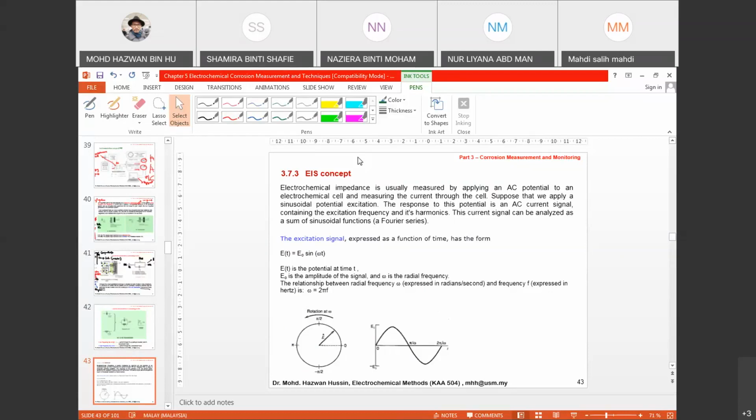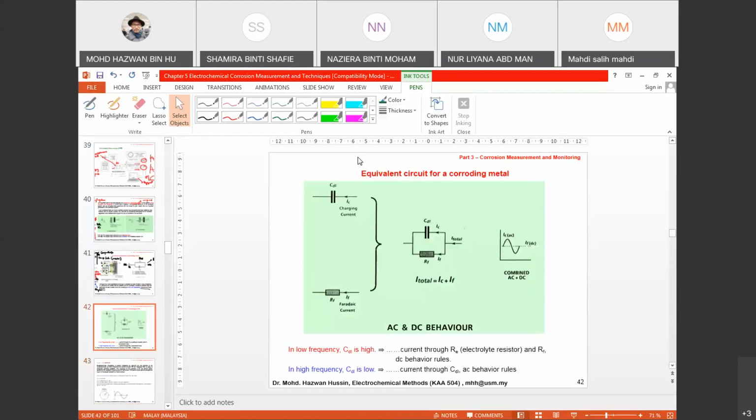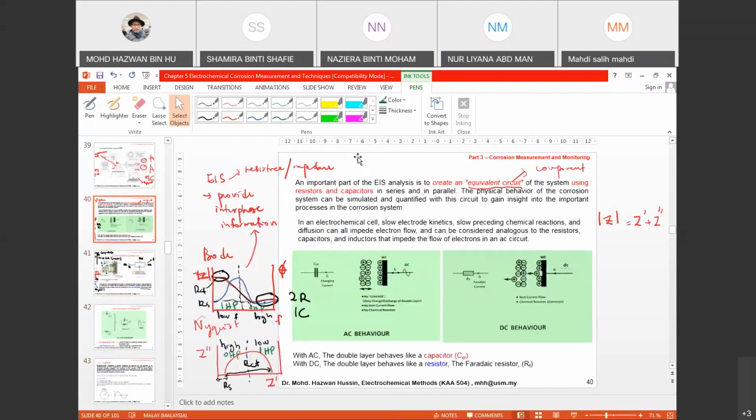So if you look back at the Bode plot, as I said, you have two y-axes. You have modulus Z, and you have phase angle, or phi. Phase angle is basically the angle of rotation.